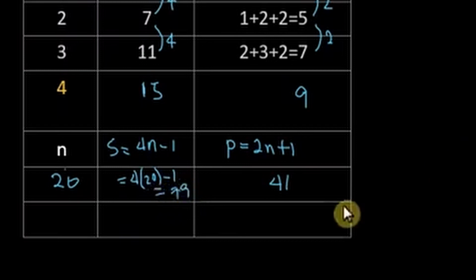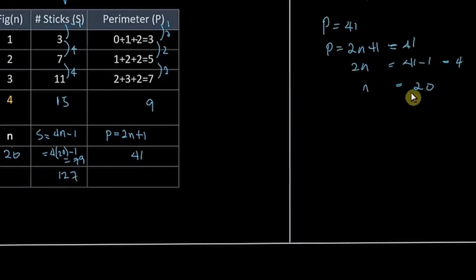We're also given a case where the number of sticks s is equal to 127, and we're asked to determine n and p. So if s is equal to 127, which we know is equal to 4n minus 1, then we can solve for n by writing 127 plus 1 is equal to 4n, and therefore n is equal to 128 over 4, and that is equal to 32.